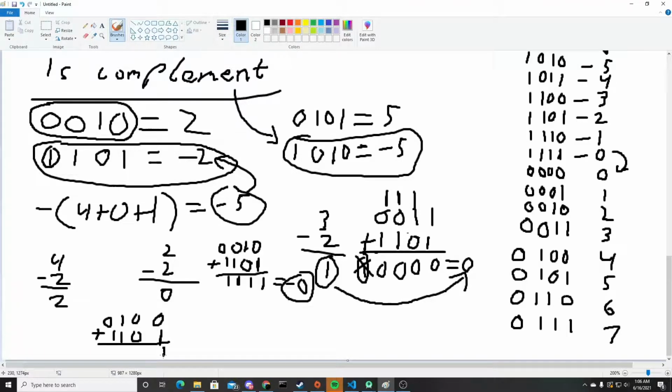And so the result would be 1, 0, 0, carry the 1, we have another 0 here, 1, discard the carry bit, and so our result here would be 0, 0, 0, 1, which is equal to 1 in decimal. And so again, we expected 2, we got 1, and so we're 1 off from where we need to be. We're close, but no cigar.